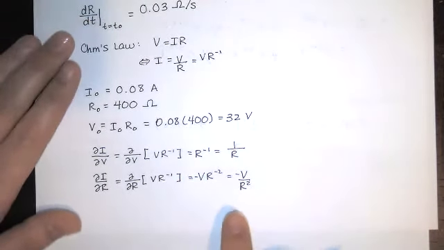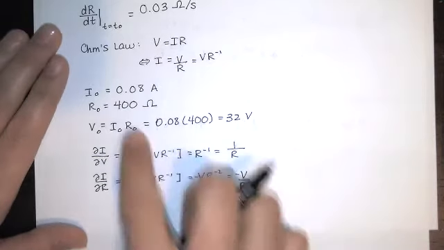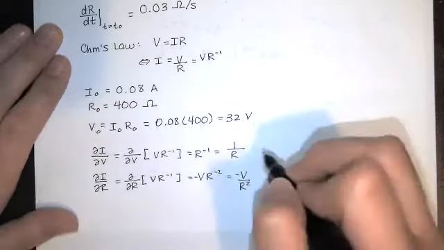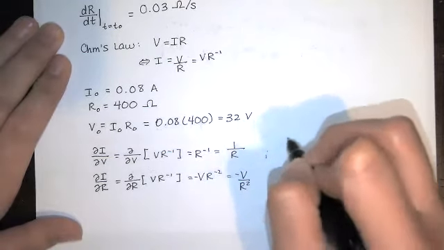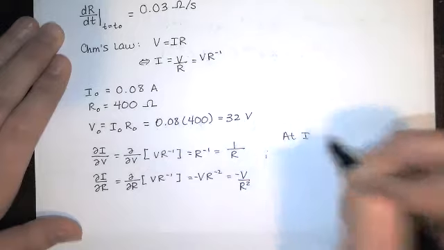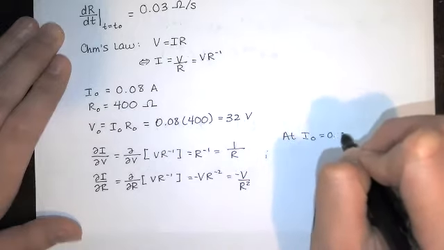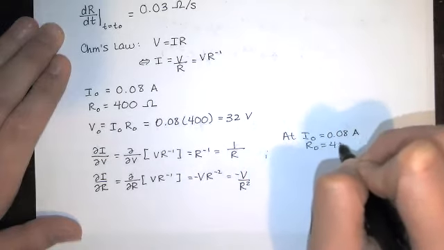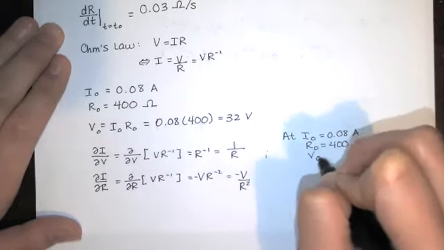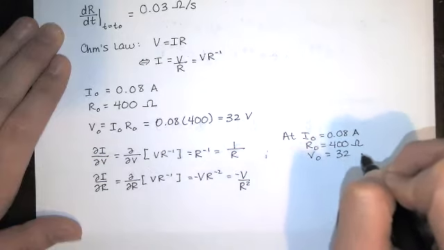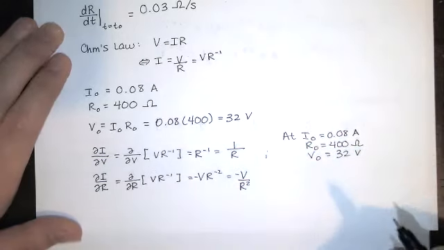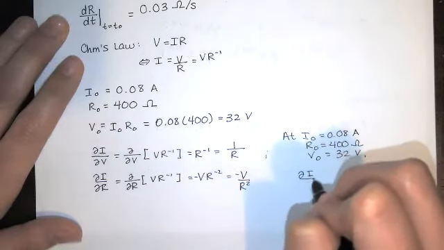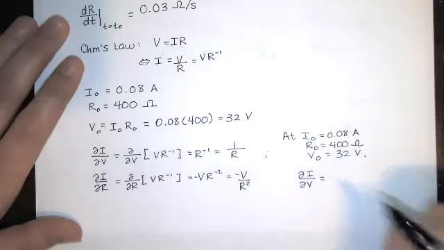And then if I want to find the values of these at these particular values of I, R, and V, I can substitute those in. Let's find those two partial derivatives at that moment.